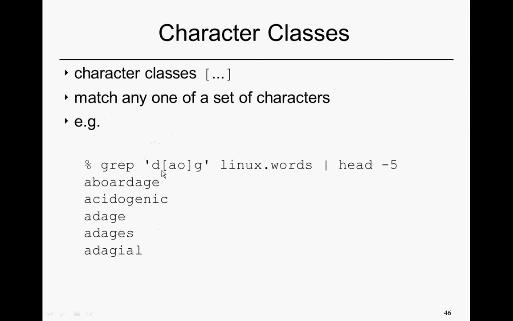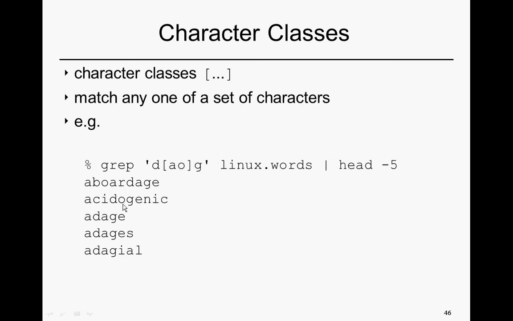So having a bracket, for example, with AO in it, will match either single character A or single character O. So if we had a regular expression like this, the patterns it would match would be DAG or DOG. Either one of them will be matched fine, in this case in Linux.words. So for example, we see here some line that successfully matched with DAG.